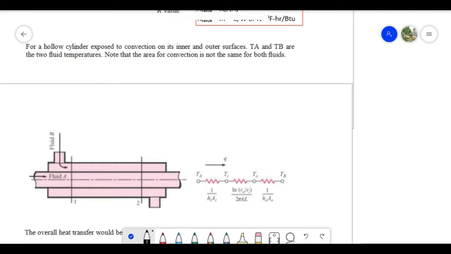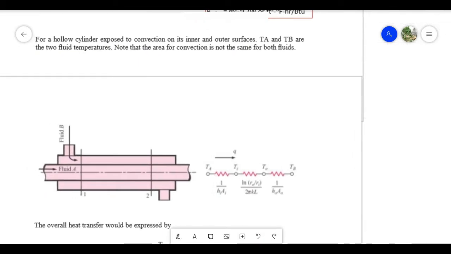So, we all know, na-review na natin from the last video, na kapag cylinder na ang pinag-uusapan sa problem, ang area natin for the thermal resistance sa convection is dapat memorize natin 2 pi r L, or sorry, hindi pala KL.